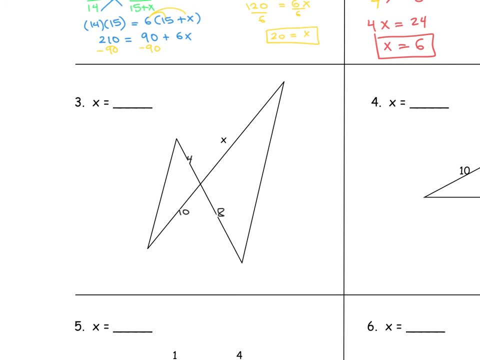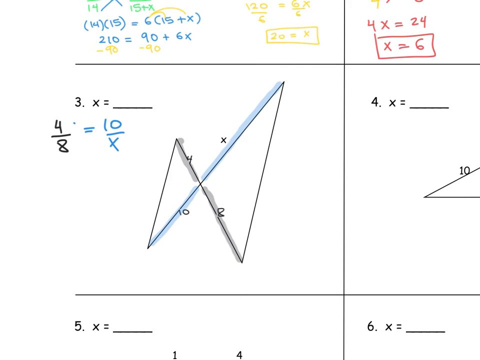Now let's try number 3. I take one side from the small triangle over the corresponding side from the big triangle, so 4 over 8. And then one side from the small triangle over the corresponding side from the other triangle, so 10 over x. I can choose to simplify 4 over 8 and put 1 over 2 because they are both divisible by 4.